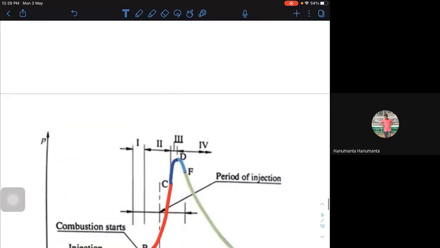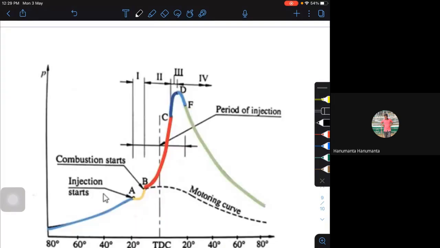So, combustion in CI engine, or your compression ignition engine, or your diesel engine.